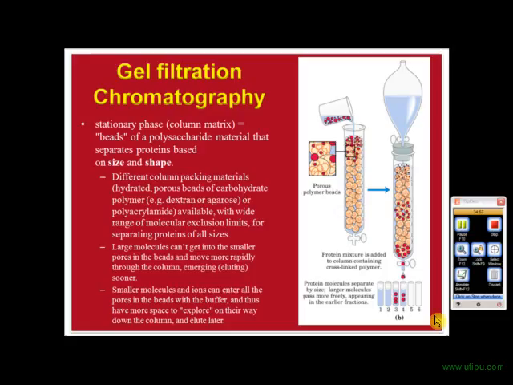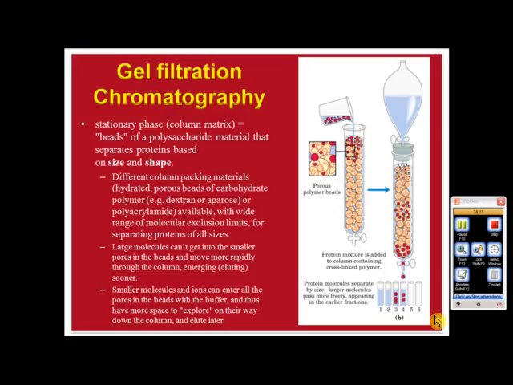The small ones will enter, whereas the bigger ones will come here, move between these things and come out like this. That means they don't enter into the beads, they bypass and move in between the beads.